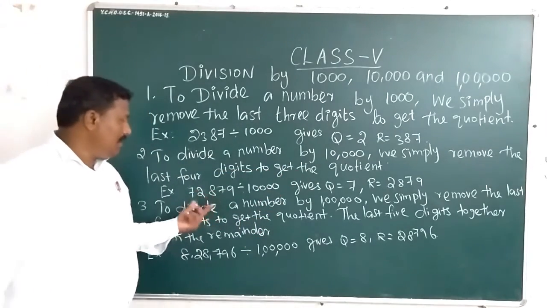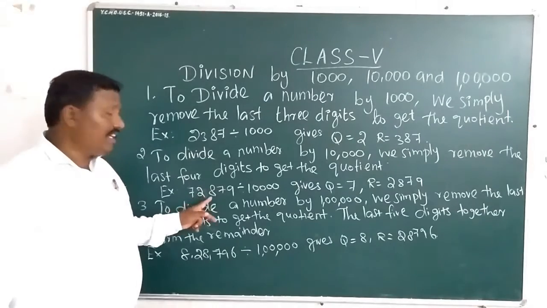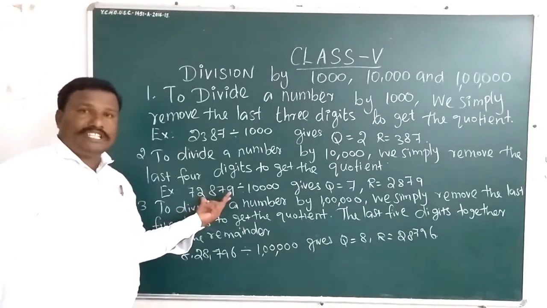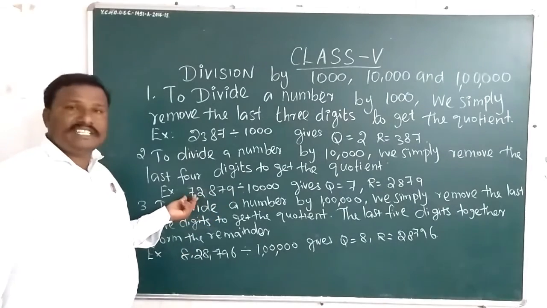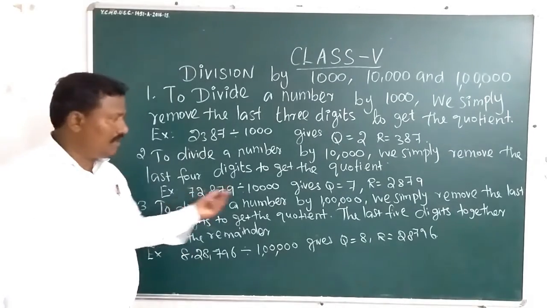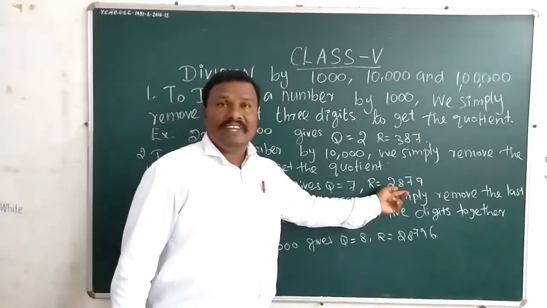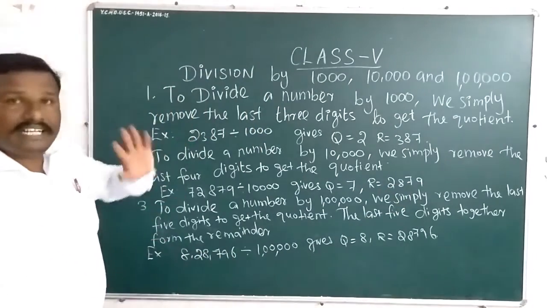Example, 72,879. Remove the last four digits as a remainder. Then the first digit 7 is the quotient. So it gives quotient 7, remainder 2,879 when we divide by 10,000.